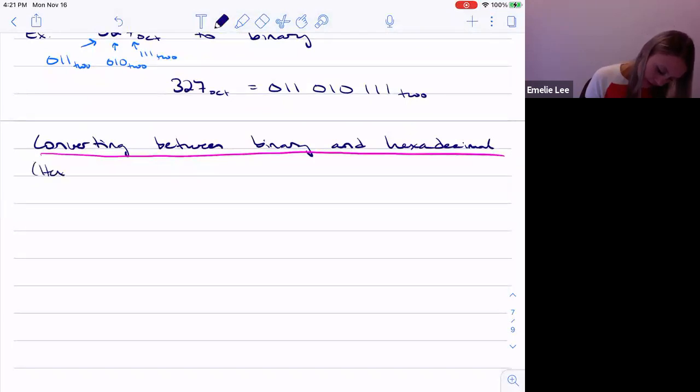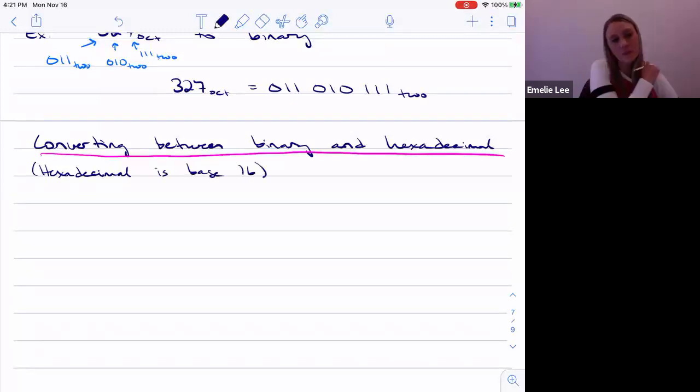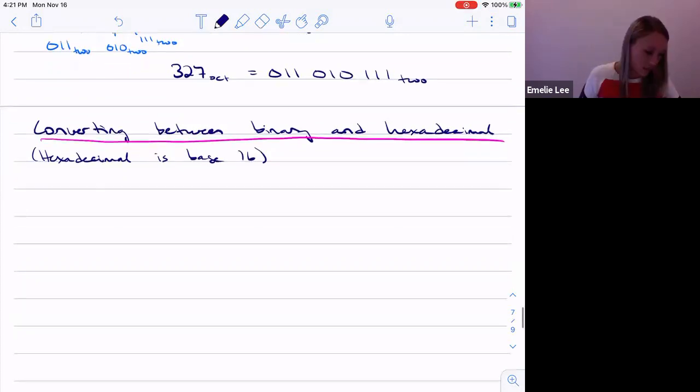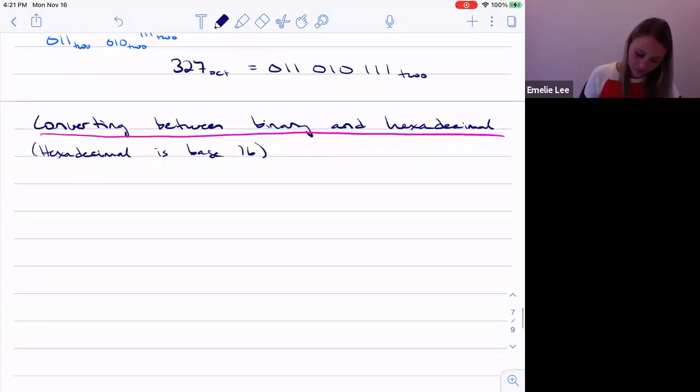So just remember that hexadecimal is base 16, which means we have to have 16 symbols.